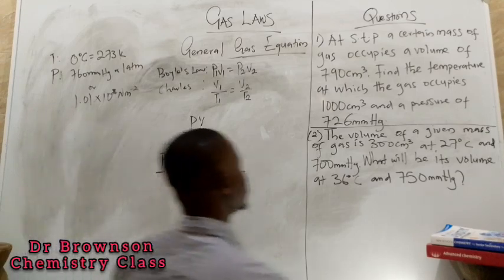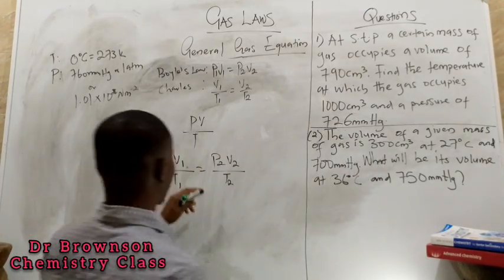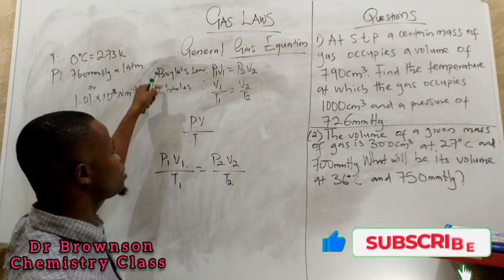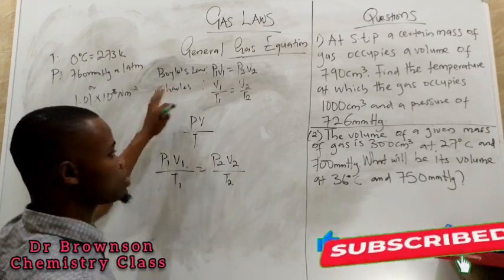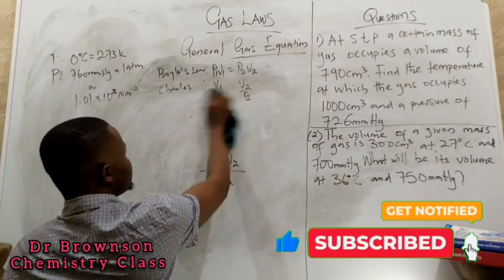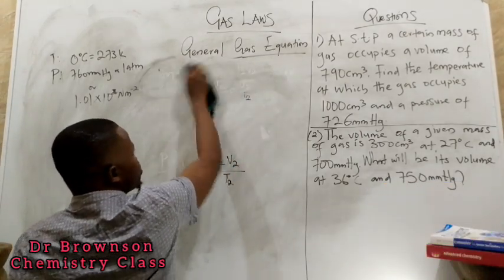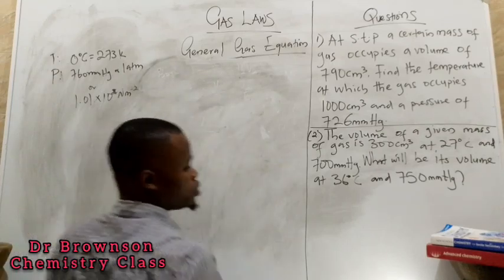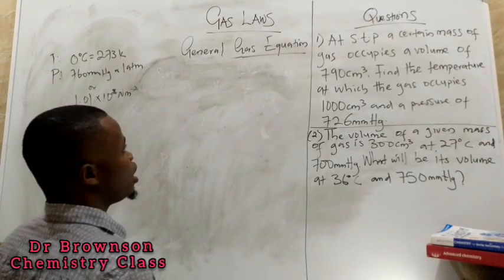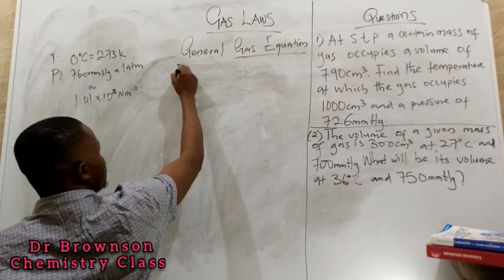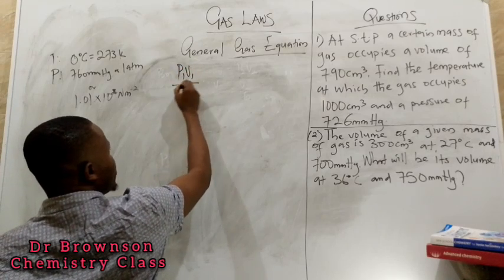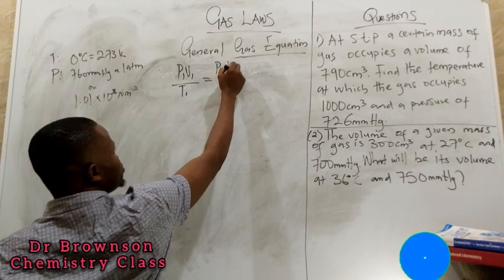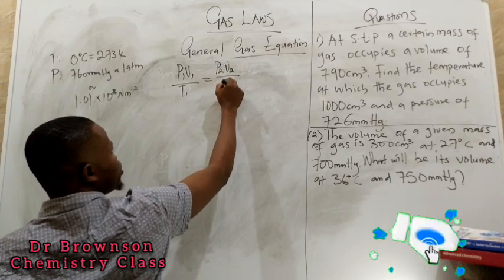For us to solve this question, we are going to apply the general gas equation, which comes from Boyle's law and Charles' law. So let's solve the question together. The formula is pressure 1 volume 1 over temperature 1 equals pressure 2 volume 2 over temperature 2.